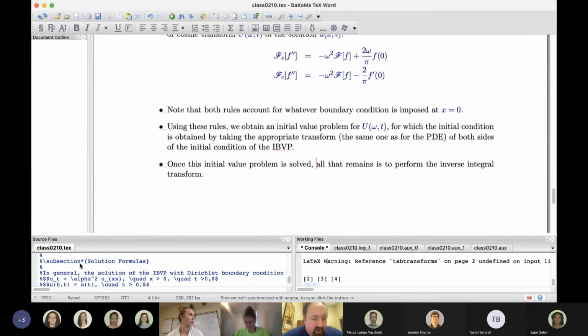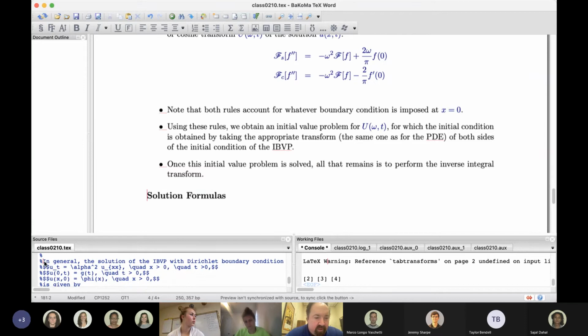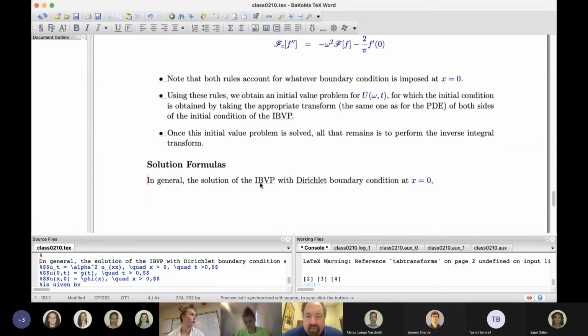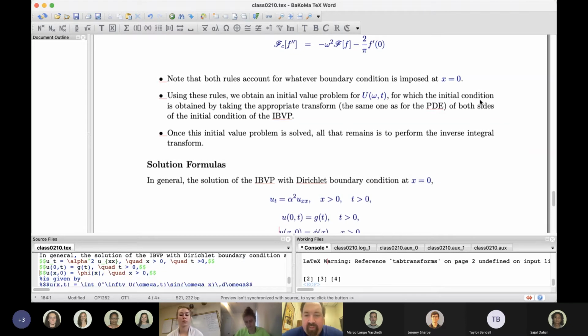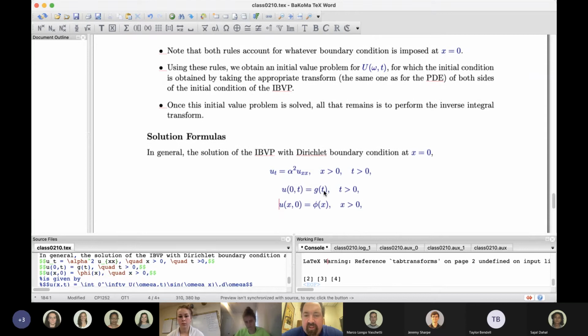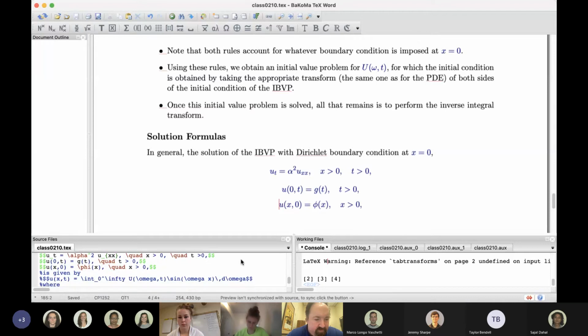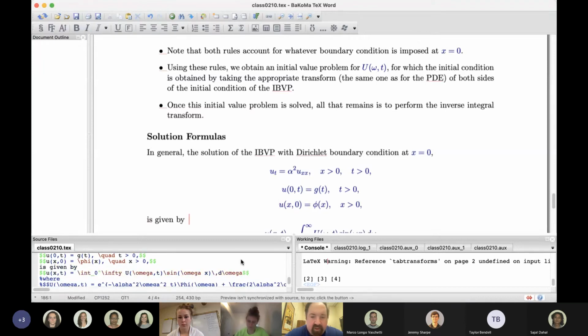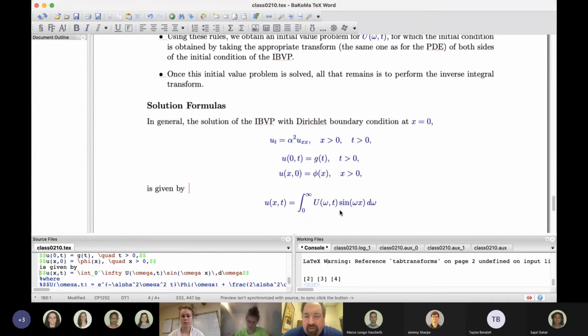And if I show you this for a general problem where you have a Dirichlet condition at x equals 0, so the IBVP of this form. So heat equation, boundary condition imposed at x equals 0, and then some initial data. Then this is your solution, or expressed as an integral at least.